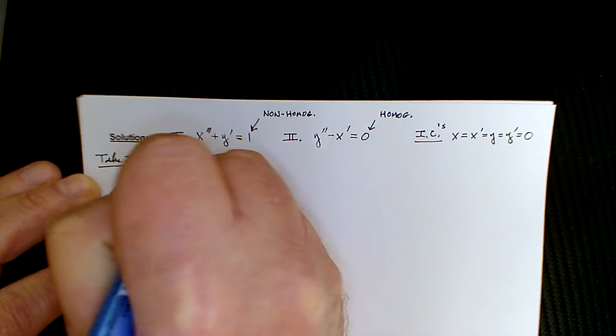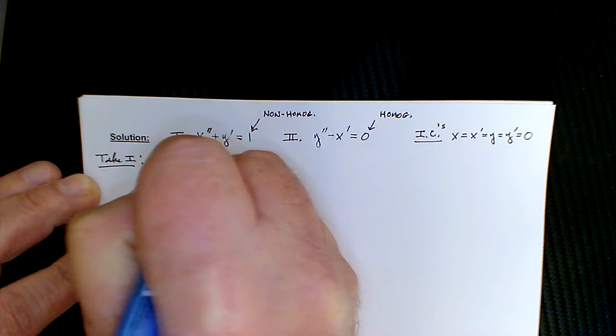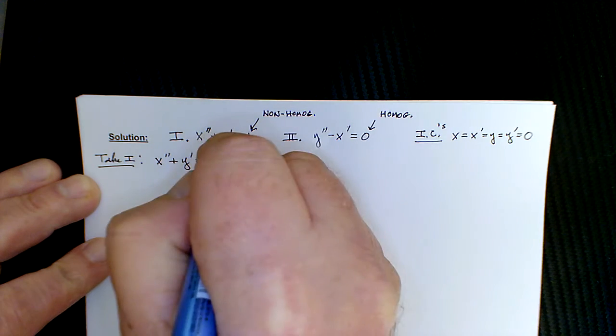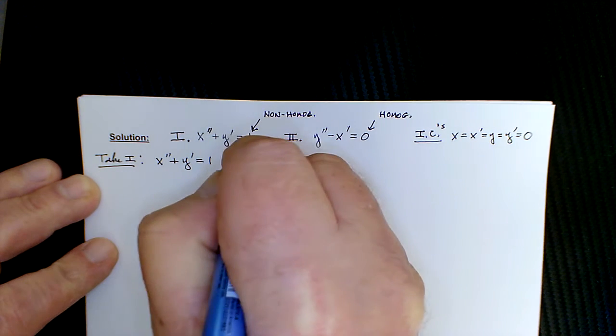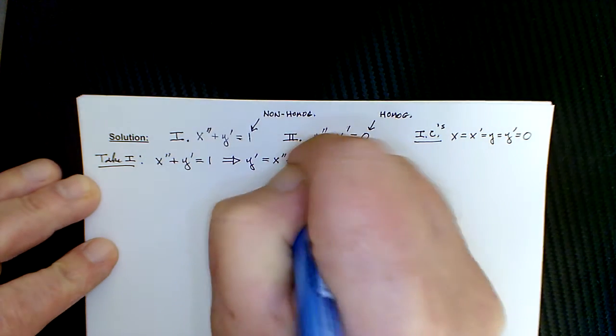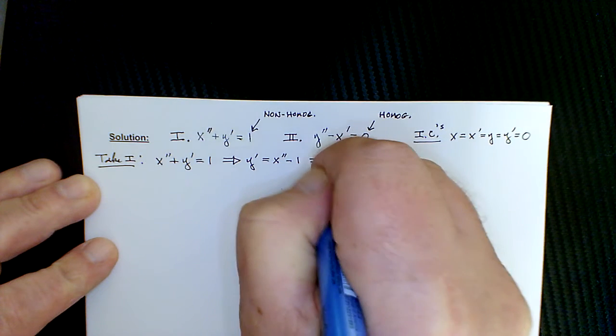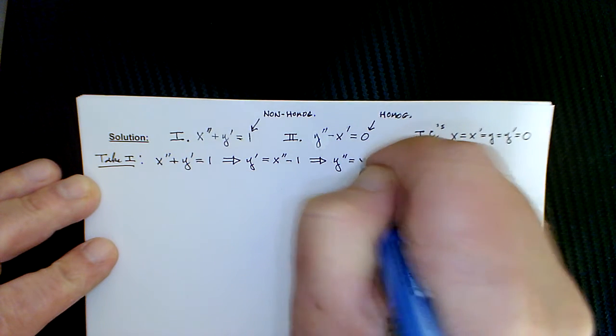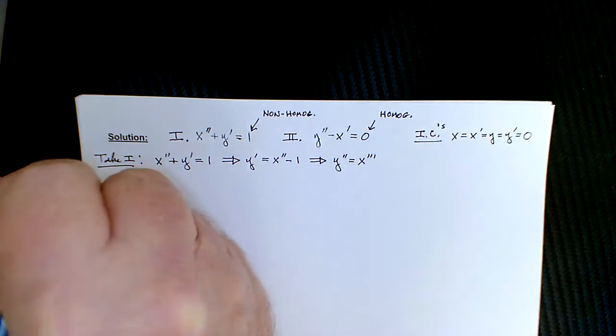x double prime plus y prime is 1. And we're going to solve that for y prime. So just say y prime is x double prime minus 1. And then calculate y double prime. And y double prime would be x triple prime.